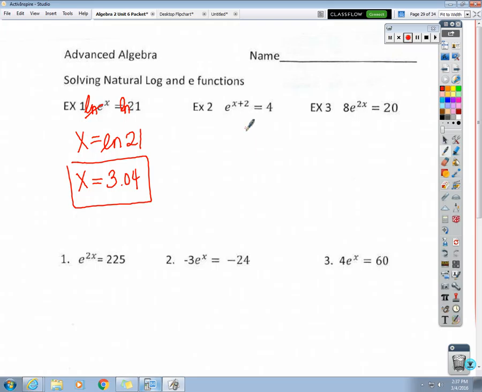Okay, example 2. Same thing. To get rid of the e, you take the natural log on both sides. That leaves you with x plus 2 equals the natural log of 4. Then to solve for x, what would you do? Subtract the 2. So x equals ln of 4 minus 2. Watch how I type this in.